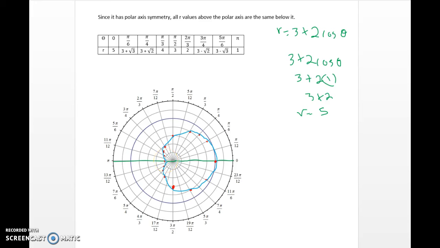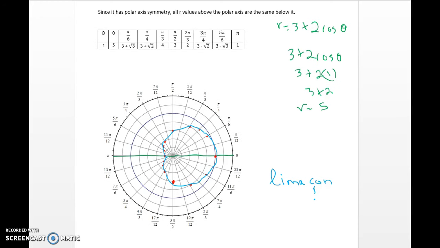We call it a dimple in graphical terms, and it comes out and around, almost like a heart. And this shape is called a limacon, L-I-M-A-C-O-N, and the C has a little accent underneath, a limaçon.